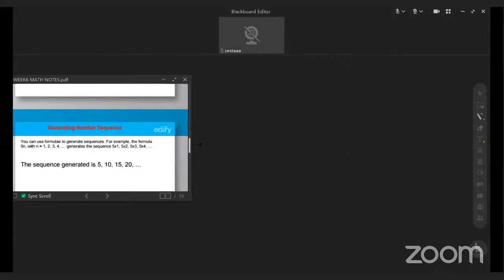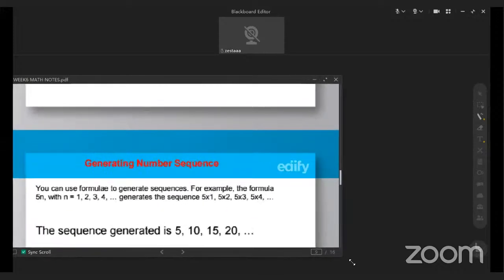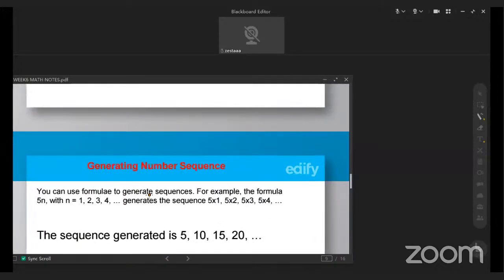You can also create your own sequence based on given numbers. If they tell you to create a sequence of a given type of numbers, what are you supposed to do? You generate a formula, and this formula has what you call an n.